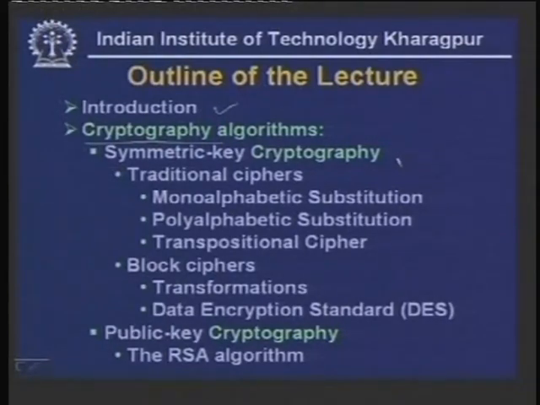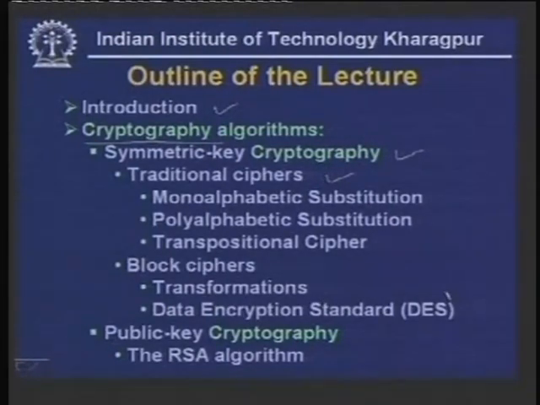One is known as symmetric key cryptography, where there are several variations like traditional ciphers using monoalphabetic substitution, polyalphabetic substitution and transpositional cipher. Then there are block ciphers where different transformations are used.